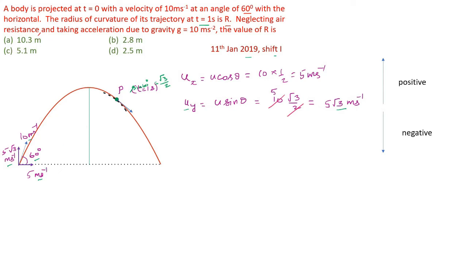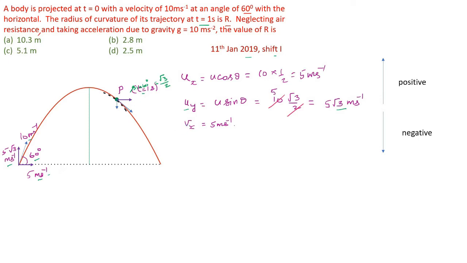The horizontal component here will be the same as the initial horizontal component. The vertical component of velocity at P will be downward when time t equal to 1 second. Suppose if it is on this side, the vertical component will be upward, and in that case it will be positive. So Vx is 5 meter per second.